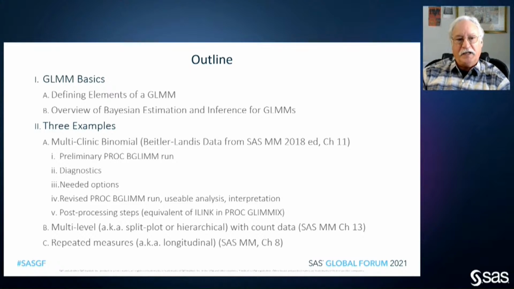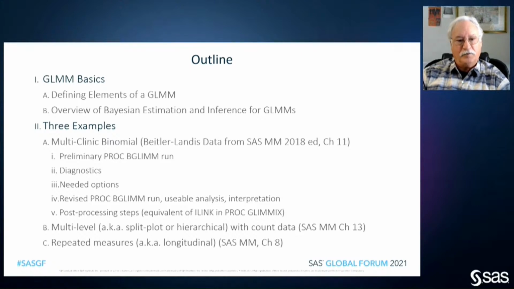What we'll do here is go through a preliminary BGLIMM run with all the defaults. And then we'll go through a set of diagnostics to see what works and what didn't. There are some necessary options to finally get a usable analysis. So at that point, we'll look at what we need to do to revise the BGLIMM run so that we do get a usable analysis.